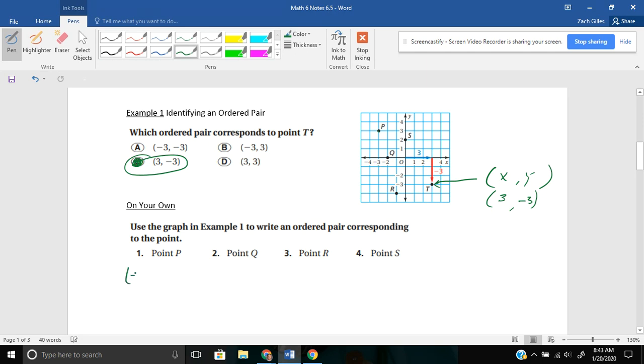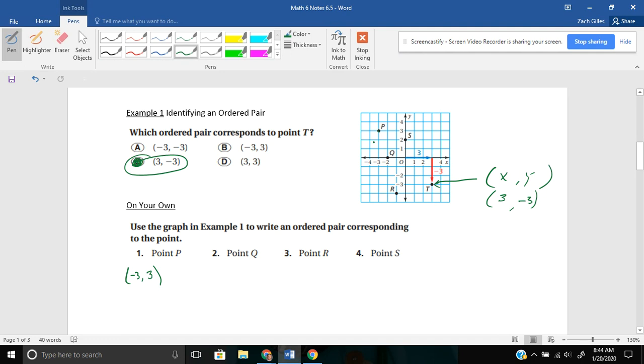So left 3 would be -3. And we'd have to go up 1, 2, 3. So up 3 would be +3. -3, 3. It could go even further maybe, and it could ask you, what quadrant is that in? Well, 1, 2, 3, 4. It'd be in quadrant number 2.